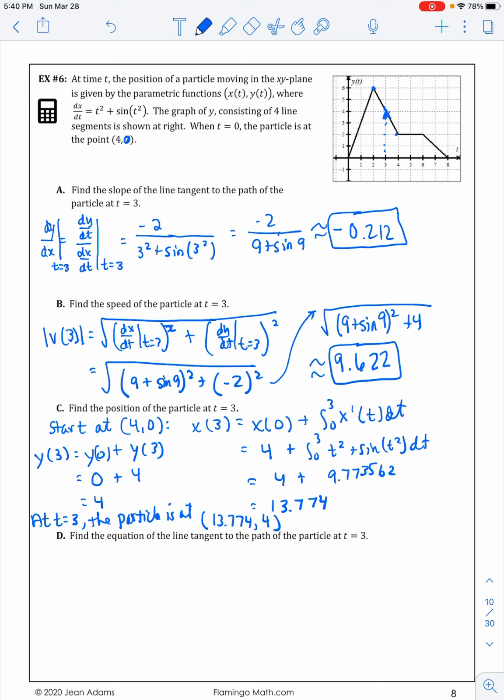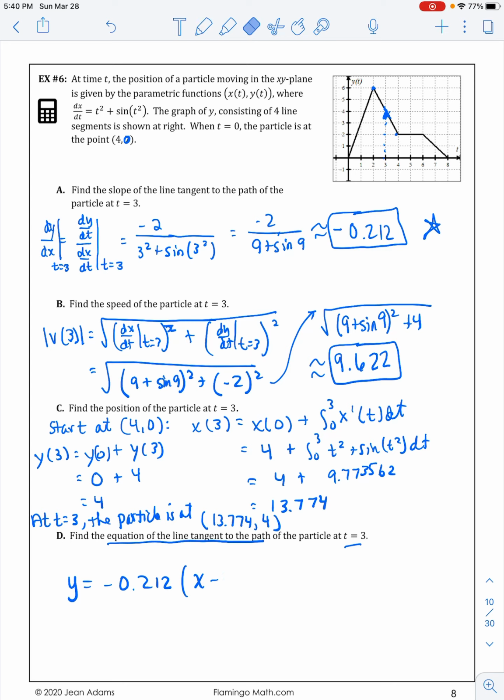And then part D, find the equation of the line tangent to the path of the particle at t equals 3. So I'm looking for the equation of the line tangent to at t equals 3. Well, we found up here that the slope was negative 0.212. So y is equal to negative 0.212 times x minus 3.